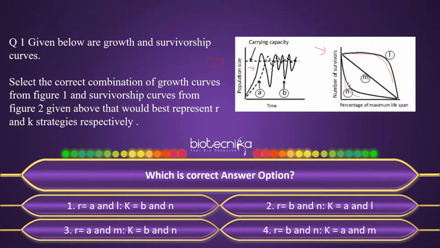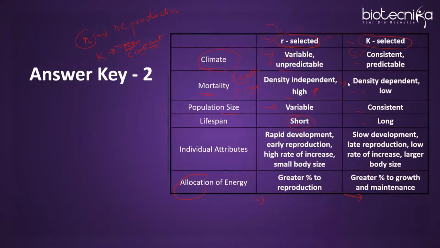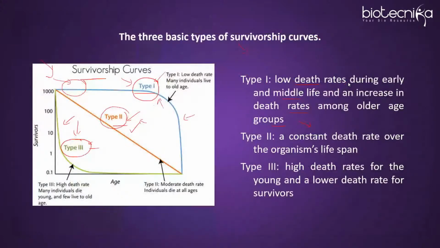Easy. Through this question, we revised R and K strategies and the survivorship curve.